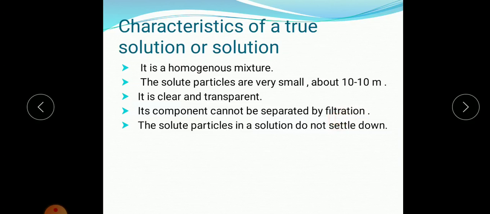Since the particle size is very very small, we cannot separate with the help of filter paper because the pores in the filter paper are larger, so the solid particles can easily pass through. And lastly, the solid particles in a solution do not settle down. Since the solid particles get dissolved, you don't find them at the bottom of the solution.